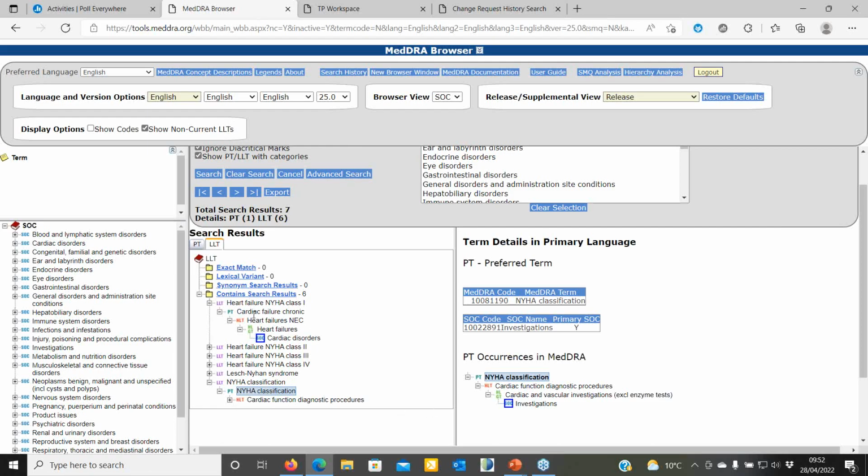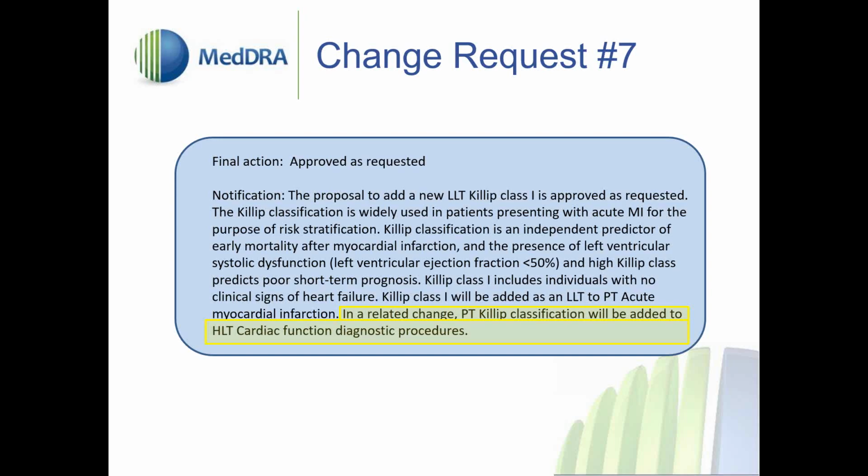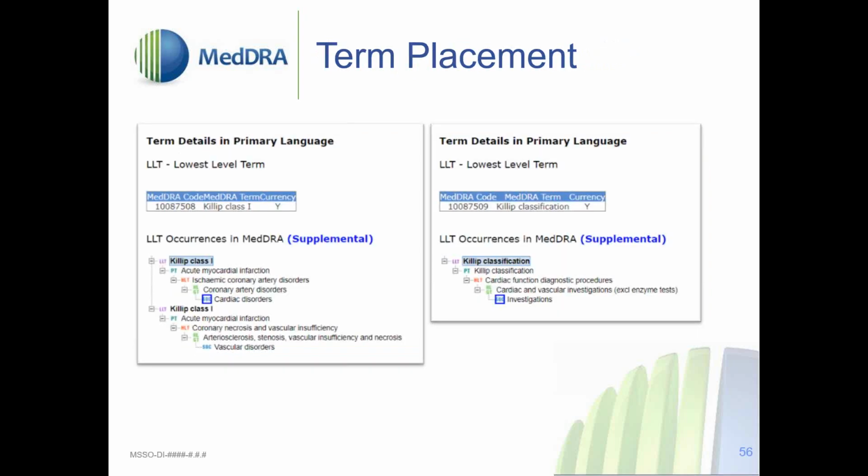The condition, KILIP class 1 is a condition, although it's not a result as such, it refers to this condition. Yeah, and the KILIP goes to acute myocardial infarction. I have it here just to show you, summarize. We see clearly there the KILIP class 1, as you say, goes to cardiac acute myocardial infarction.